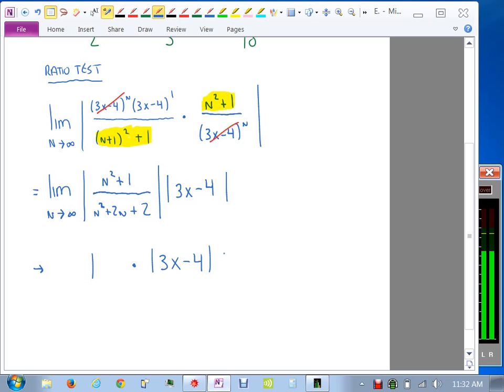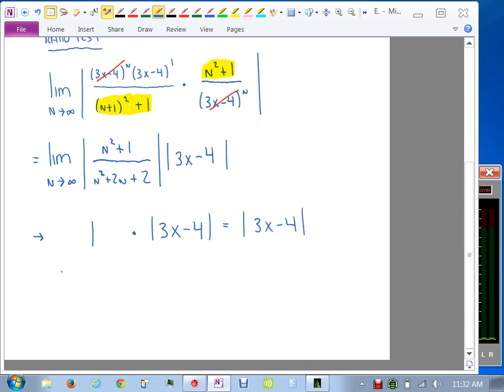And so our answer is basically the absolute value of 3x minus 4. But for convergence and ratio tests, we need that to be less than 1. We need the absolute value of 3x minus 4 to be less than 1 for convergence.